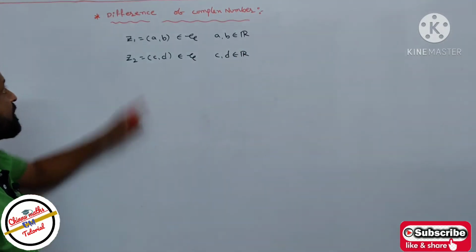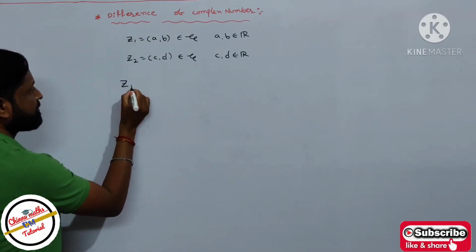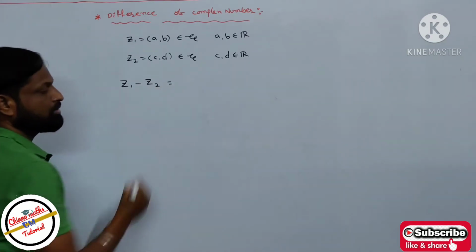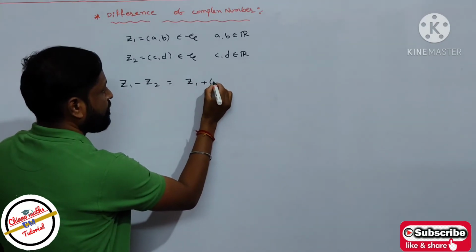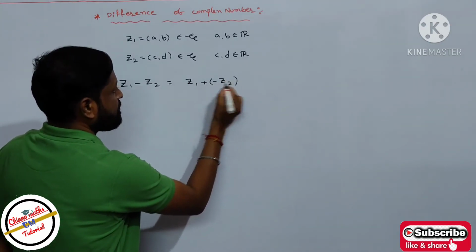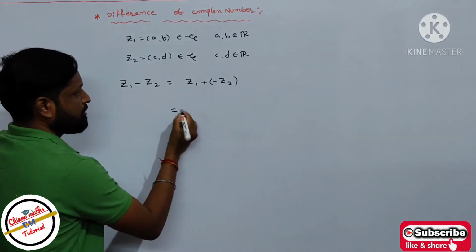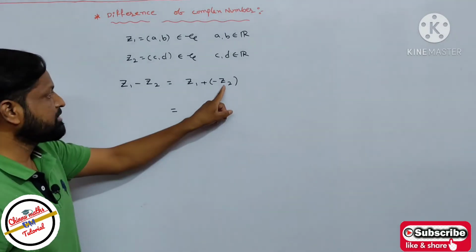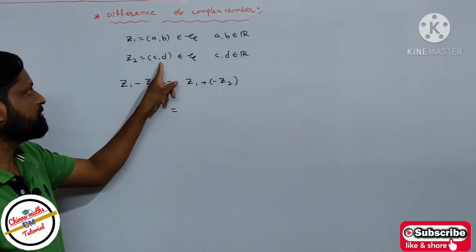What is the difference of the two complex numbers? Difference means z1 minus z2, which can be written as z1 plus minus z2, plus into minus again you will get minus. See here, what is minus z2? Already we discussed. Minus z2 is the negative complex of z2.